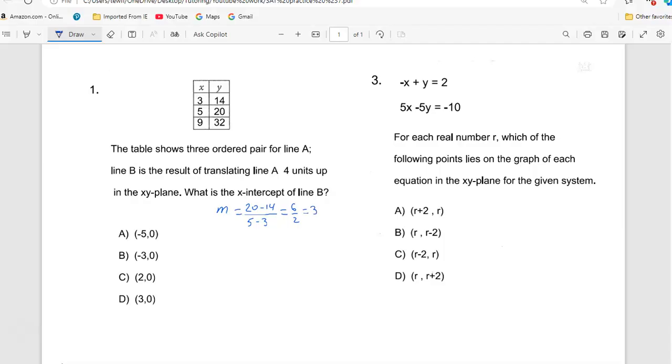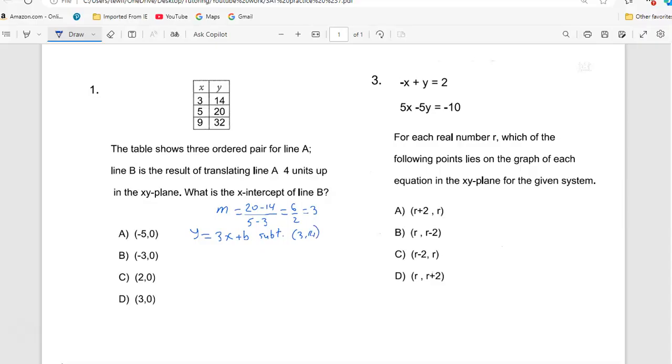So our equation so far, y equals mx plus b, 3x plus b. How do we find b? Let's use any ordered pair in that table. We can use the first one, (3, 14).